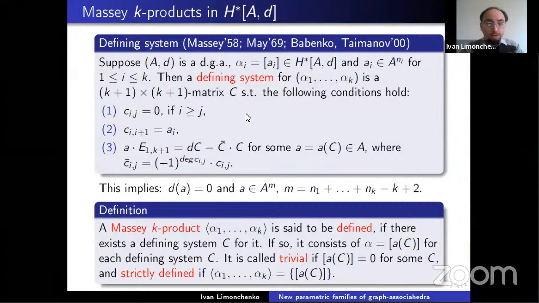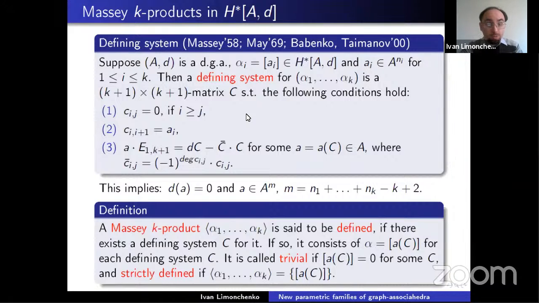In Steve's talk and in George's talk, the Massey product was mentioned, and I think Steve gave the definition for triple Massey products, but we need higher Massey products, and here is the setting which goes back to the times of Massey's original paper of 1958. Then Peter May determined matric Massey products and generalized the original concept. And we use the terminology going back to the Babenko and Taimanov paper of 2000.